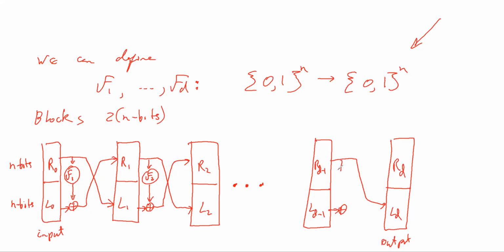We take R d minus 1, run it through function FD. We XOR those two, and that becomes RD. That's the Feistel network as we discussed it last week. That's the assumption there.